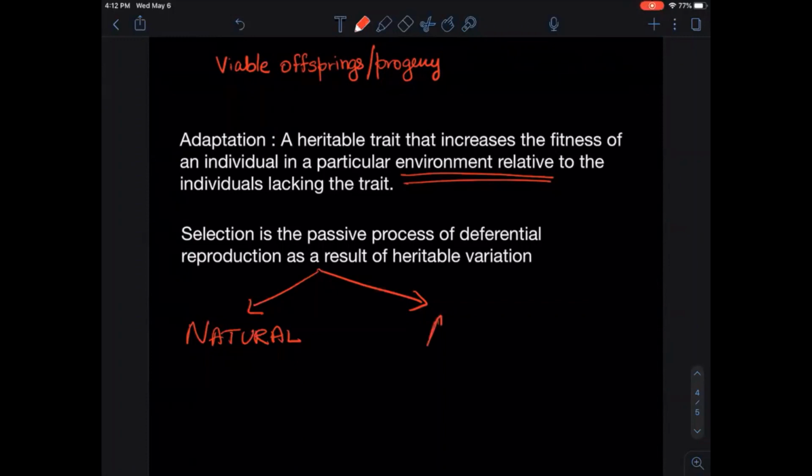Or it can even be artificial. These changes in environments can be artificially created, or even the genetic outlook of an organism can be manipulated using biotechnology and everything present today. And this is used in lab studies to identify how evolution takes place.